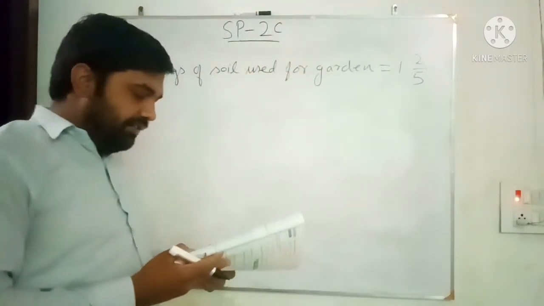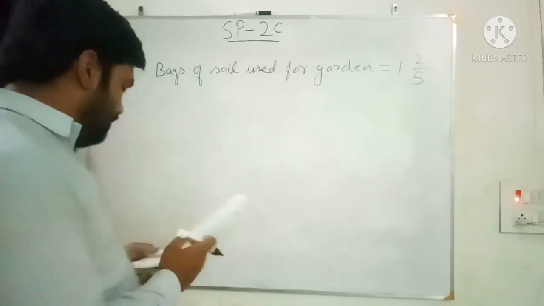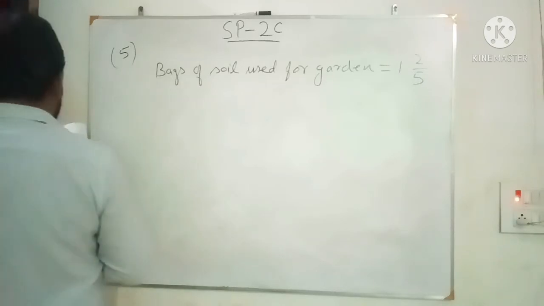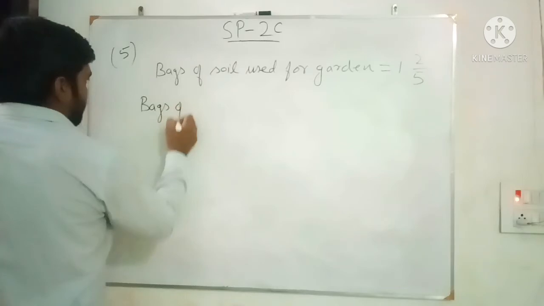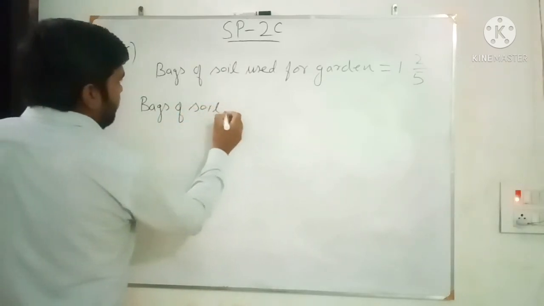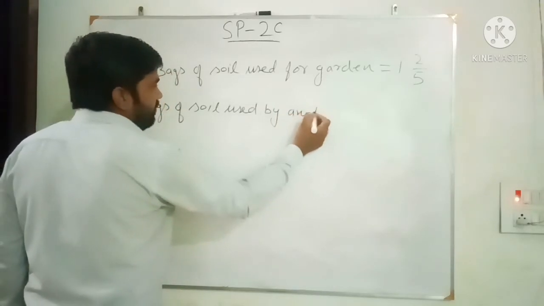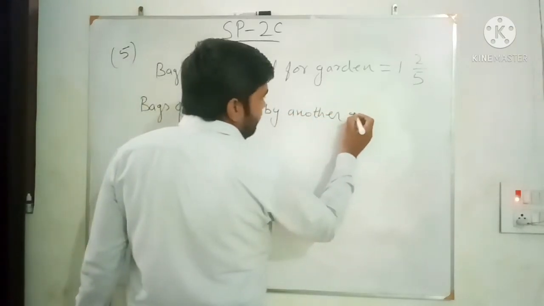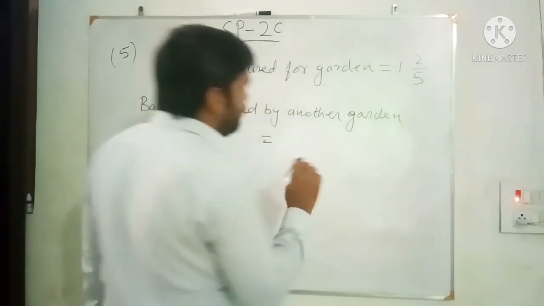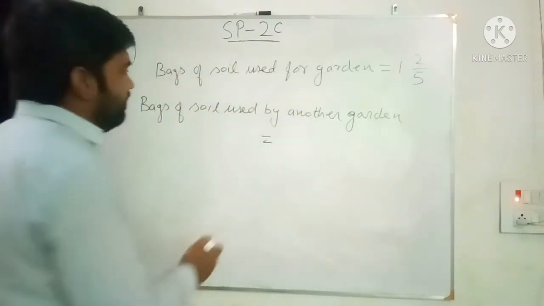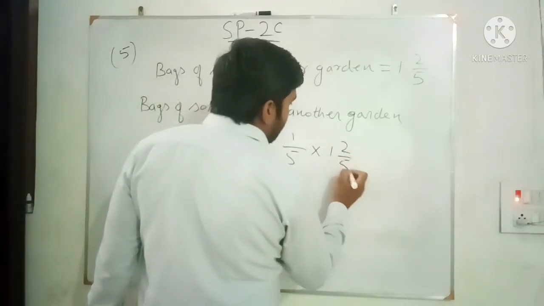He is digging another garden that will need 1 by 5 as much soil as the original. So bags of soil used by another garden is 1 by 5 times of this original 1 2 by 5.